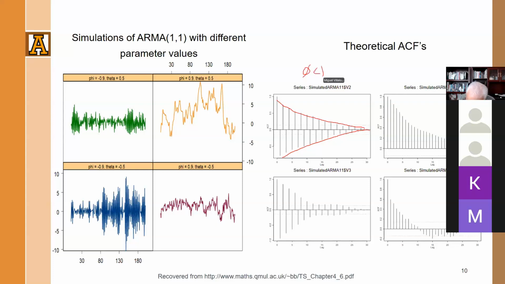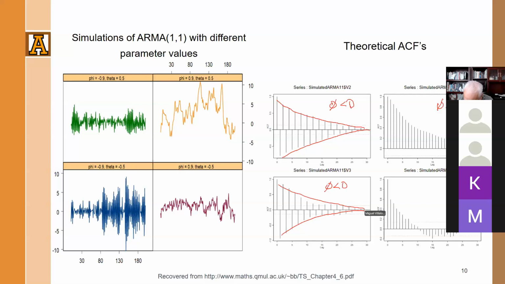We have exponential decay with alternating signs. In this case, phi is less than 0. In this case, phi is greater than 0, and we have exponential decay, but there is no alternation in signs. And in this case here, phi is negative also, and we have alternating signs, but exponential decay.